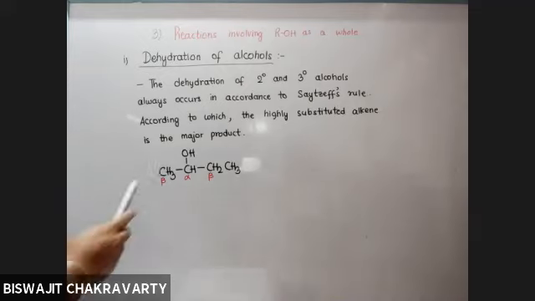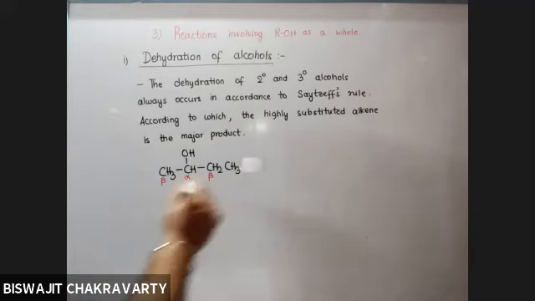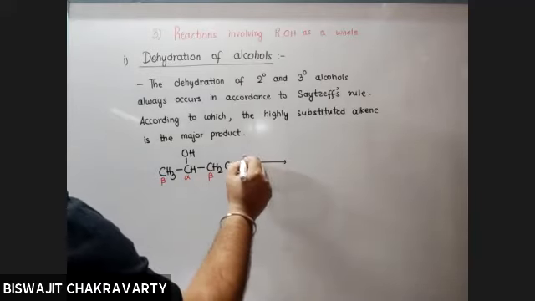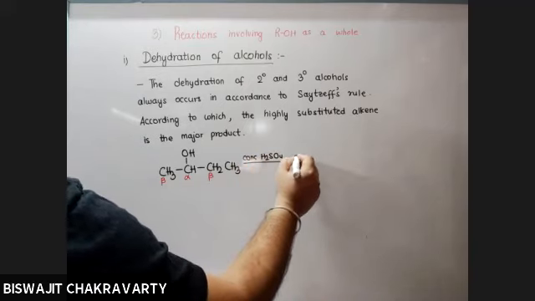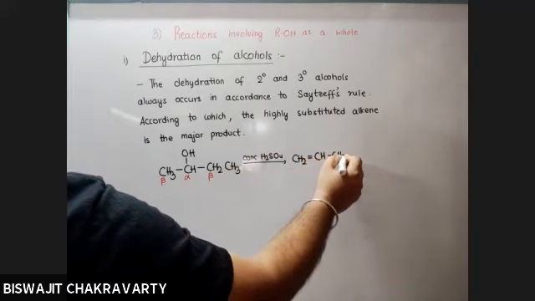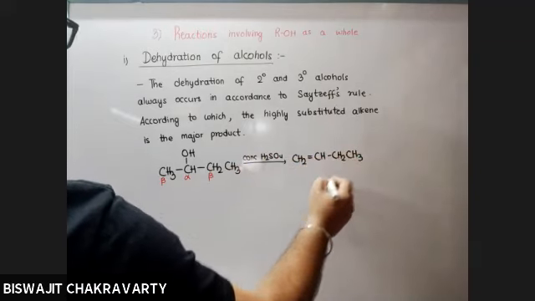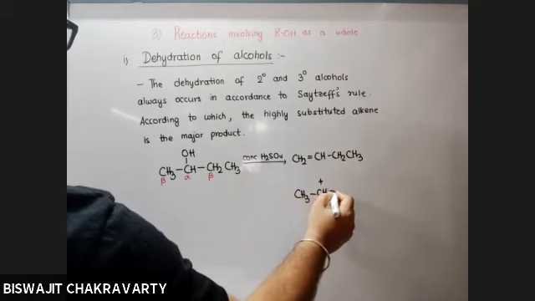So in this beta carbon you have 3 hydrogens, in this beta carbon you have 2 hydrogens. So according to Saytzeff's rule, if this is treated with concentrated H2SO4, you get a mixture of 2 alkenes, but-1-ene and but-2-ene.